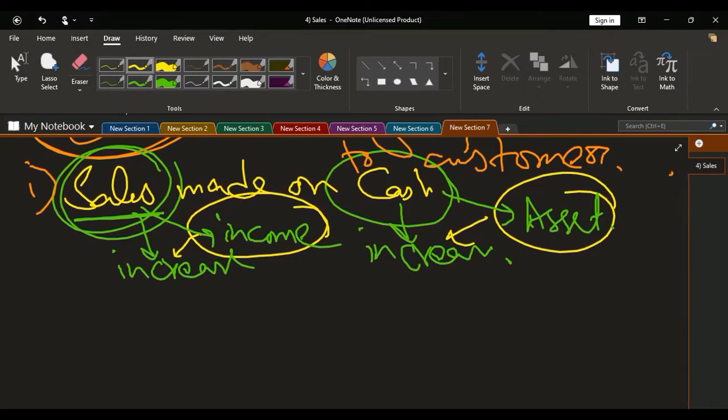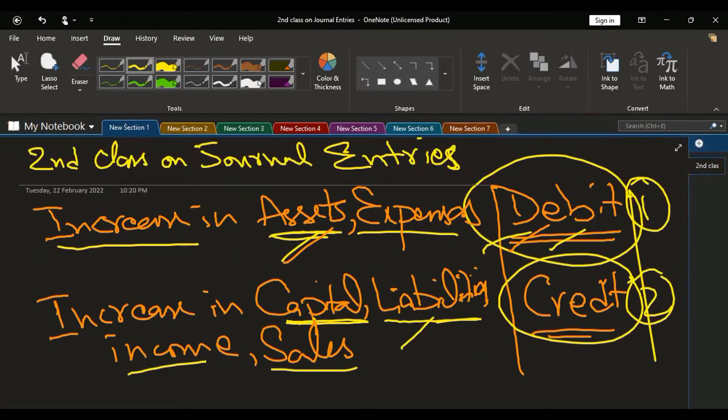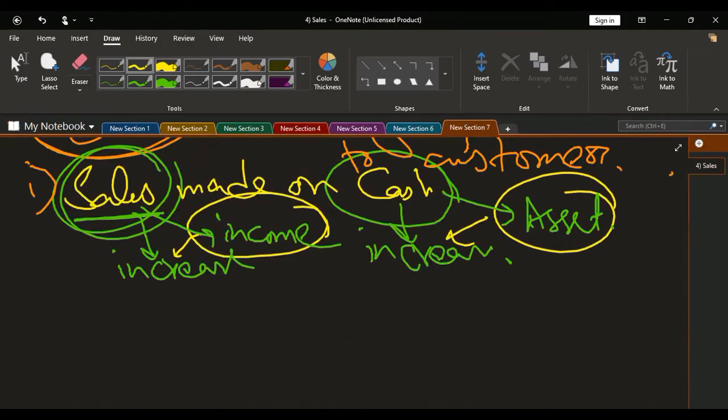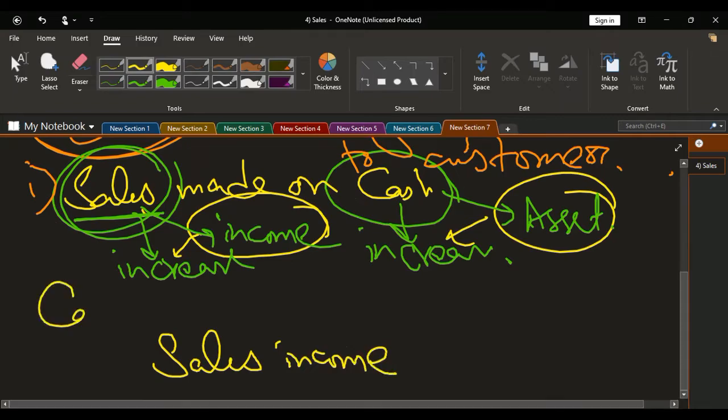Recall the concept that we have already studied in our previous class. Increase in asset and expense will be debited. Increase in capital, liability, income and sale will be credited. So increase in sales will be credited, sales income credit, and cash will be debited because it is an asset.